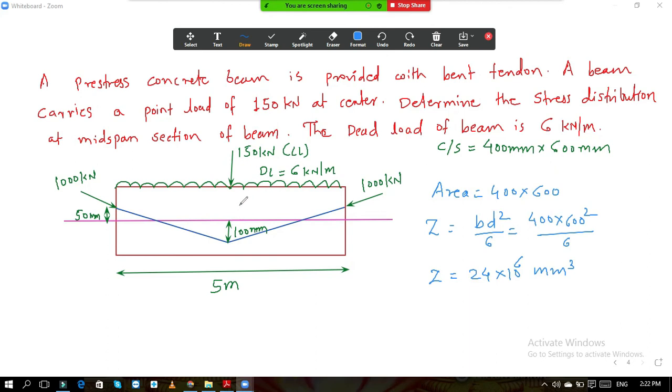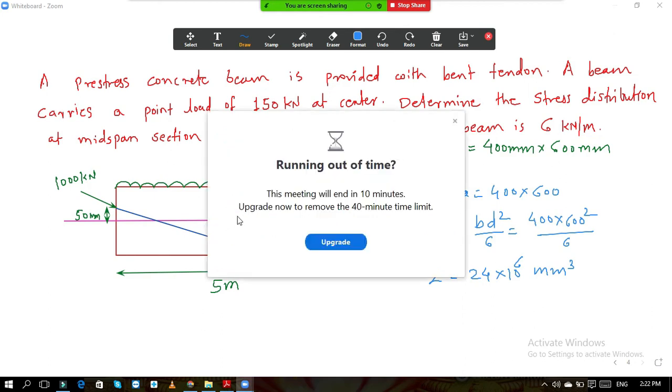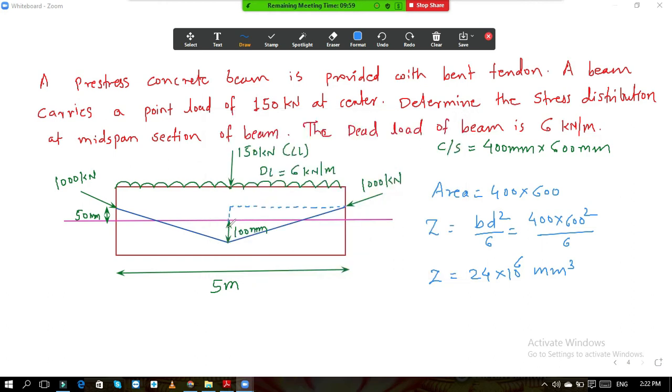See here, if I draw the horizontal line, this is the line. Up to this point we need to consider. Above this is 50 mm. Now this angle is theta.